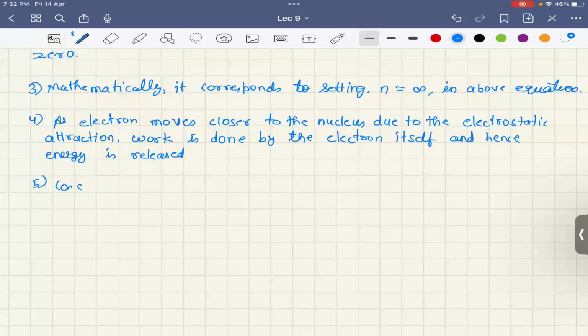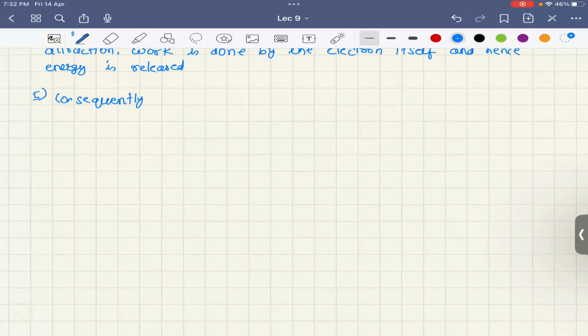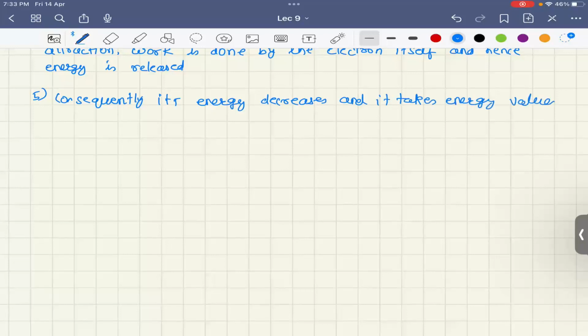Consequently, its energy decreases, and it takes energy values less than zero, right?